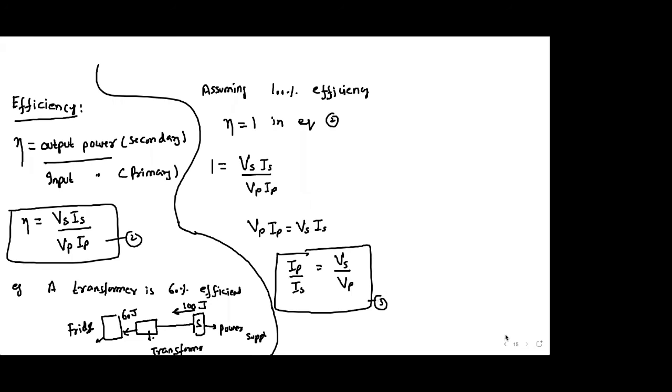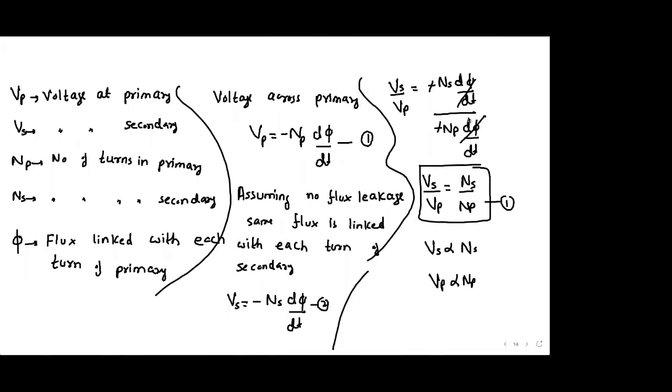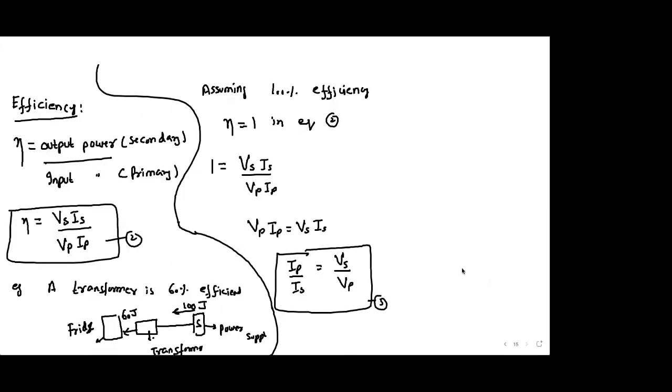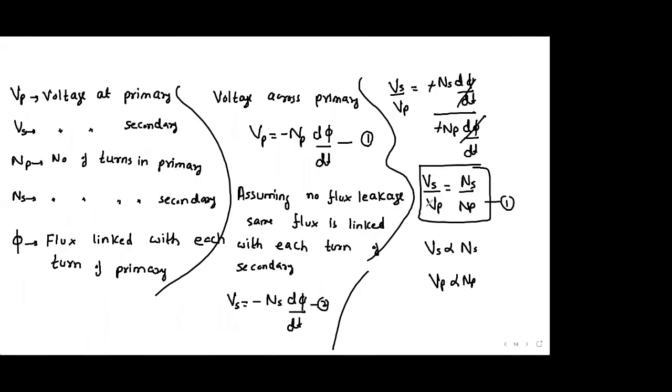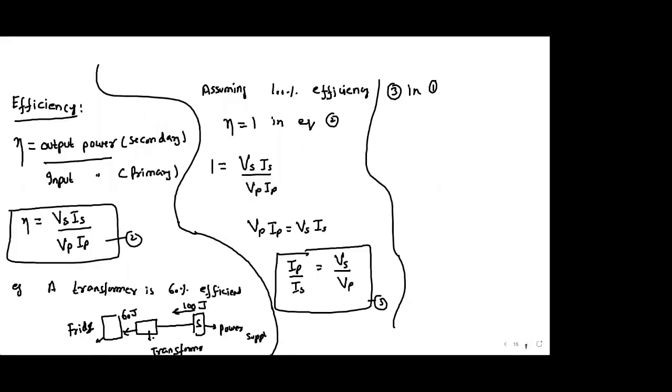I can do one more thing. You know that Vs by Vp is equal to Ns by Np. So by using 1 and 3, I can connect current with the number of turns. Instead of Vs by Vp in this equation, I am substituting Ip by Is. I would get that Ip by Is is Ns by Np.